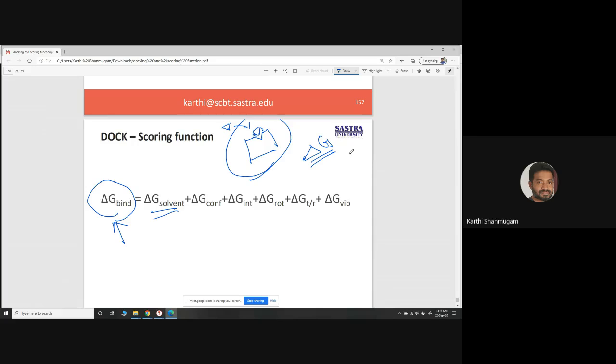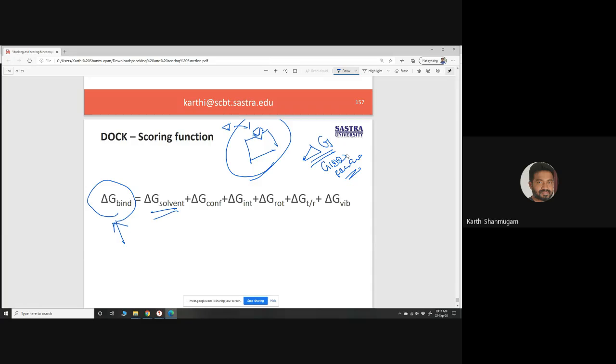It's an energy term which is very commonly used. Free energy. Okay, it is the Gibbs free energy. Absolutely right. It's Gibbs free energy. So here, wherever you see the delta G, that is the Gibbs free energy, right? So delta G bind is the contribution of different energies of the system.